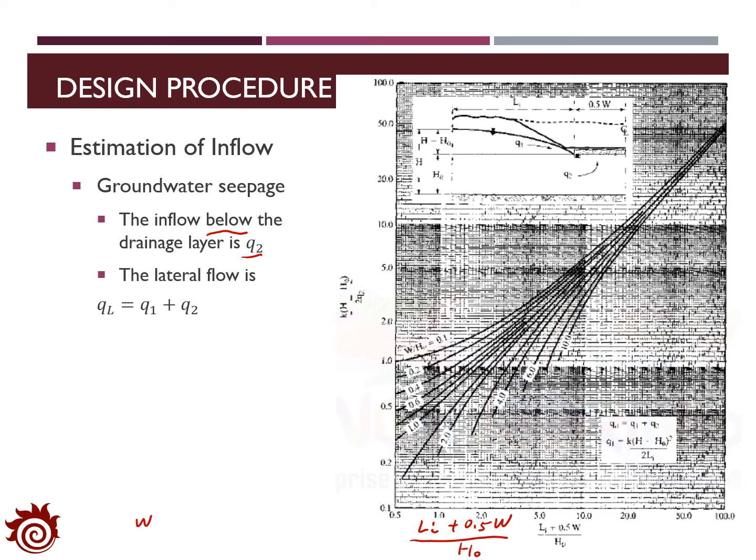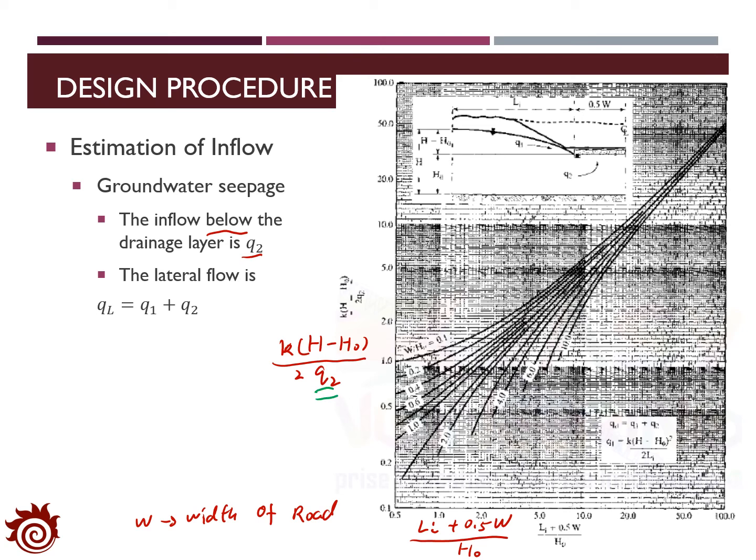Here W is the width of the road, and the vertical axis represents K times (H minus H0) over 2Q2. So we have the value Q2 as shown in the y-axis.